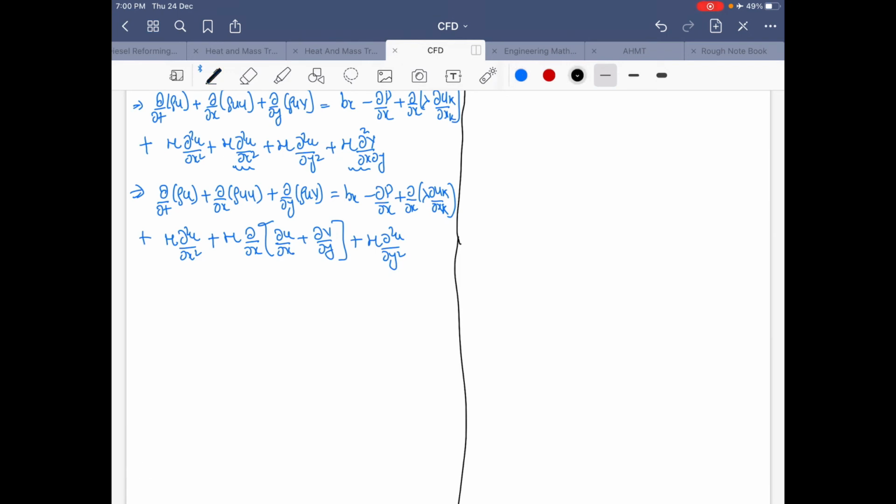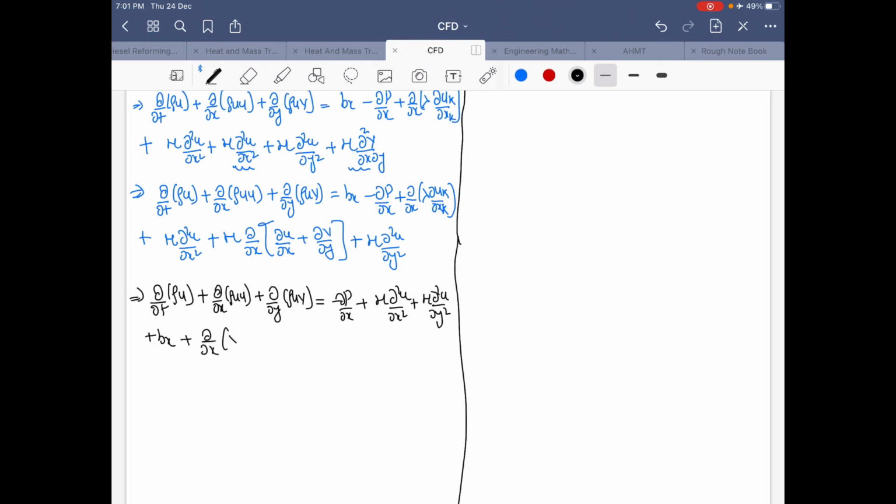So now I will combine the terms a little bit more. I will have ∂/∂t(ρu) + ∂/∂x(ρuu) + ∂/∂y(ρuv) equal to minus gradient of pressure with respect to x, then μ ∂²u/∂x² plus μ ∂²u/∂y². And now I will write my body force term.